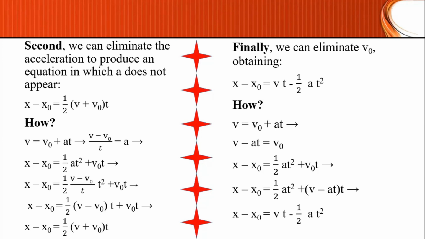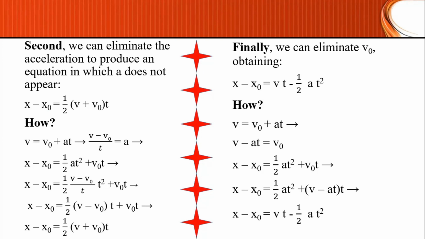And then we calculate that and cancel the t in the denominator. We will have x minus x0 equals 1/2 (v minus v0)t plus v0t. And finally, x minus x0 equals 1/2 (v plus v0)t.